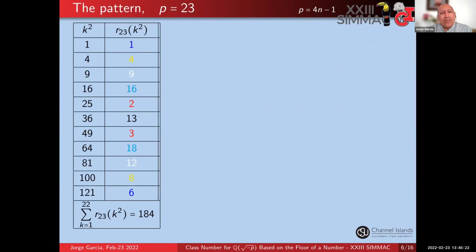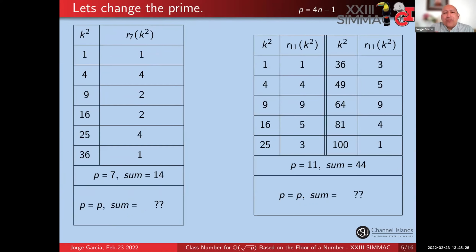I want to take a look at the case p equals 73. Let me come back. Take a look at these charts. Look at the beautiful symmetry. All the numbers appear twice in pairs. 1 and 1, 4 and 4, 2 and 2. Right here, 1 and 1, 4, 4, 9, 9, 5, 5, 3, 3.